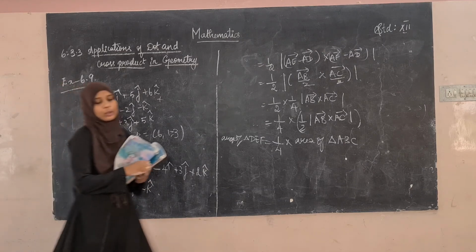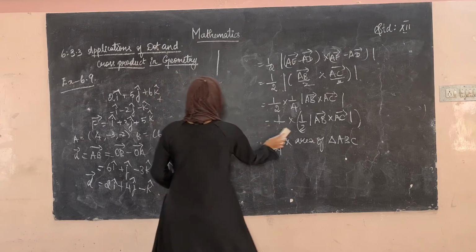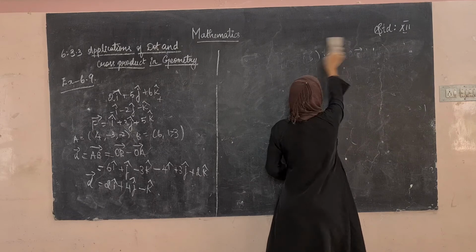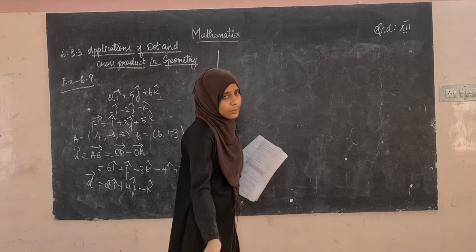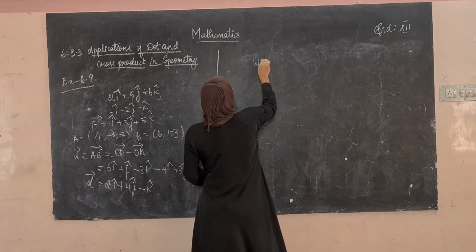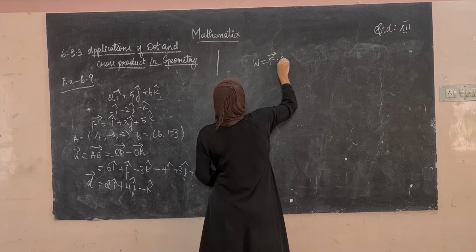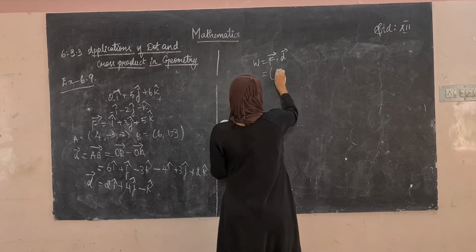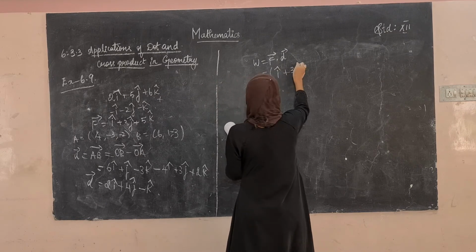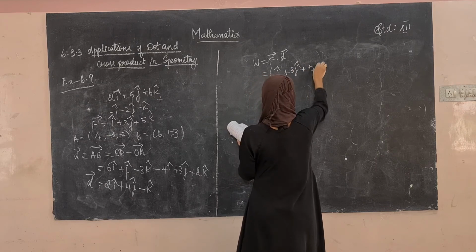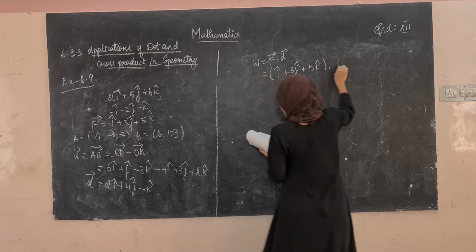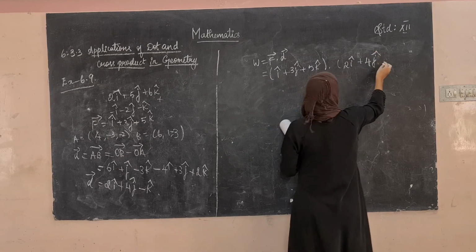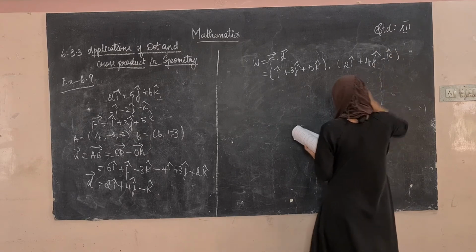Now we are going to use the formula for work done. Work done is given by F vector dot D vector, where F vector is the force and D vector is the displacement. So W is equal to F vector dot D vector, which is i cap plus 3 j cap plus 5 k cap dot 2 i cap plus 4 j cap minus k cap.